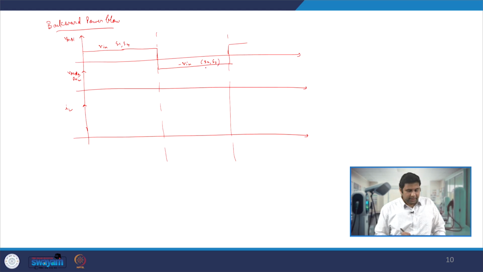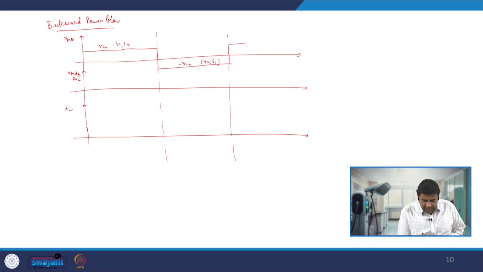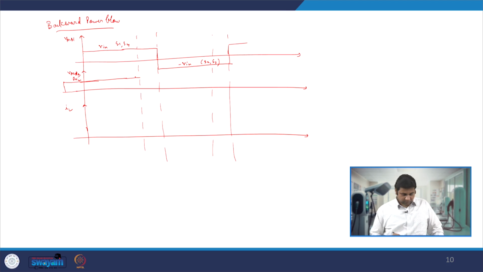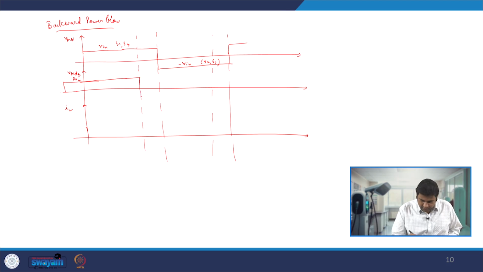Now if we look at A2 B2, since we have given the leading phase shift, at this point my phase shift changes from this value to this value, then goes from this value to this value.